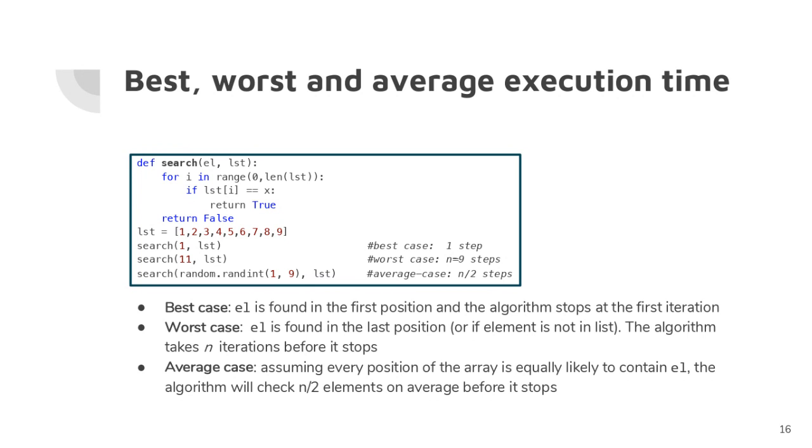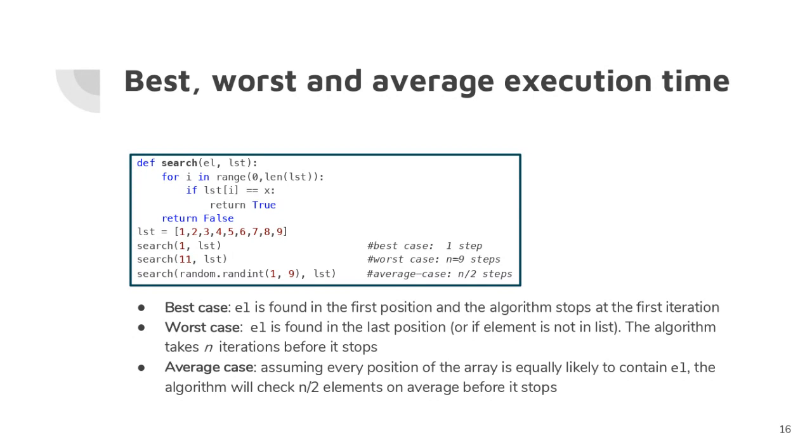Now, the worst case is when the element is 9, or if the element is not in the list. Because if the element is not in the list, you still have to compare each element of the list to x. So in the worst case, you will have 9 steps in this example, or n steps.